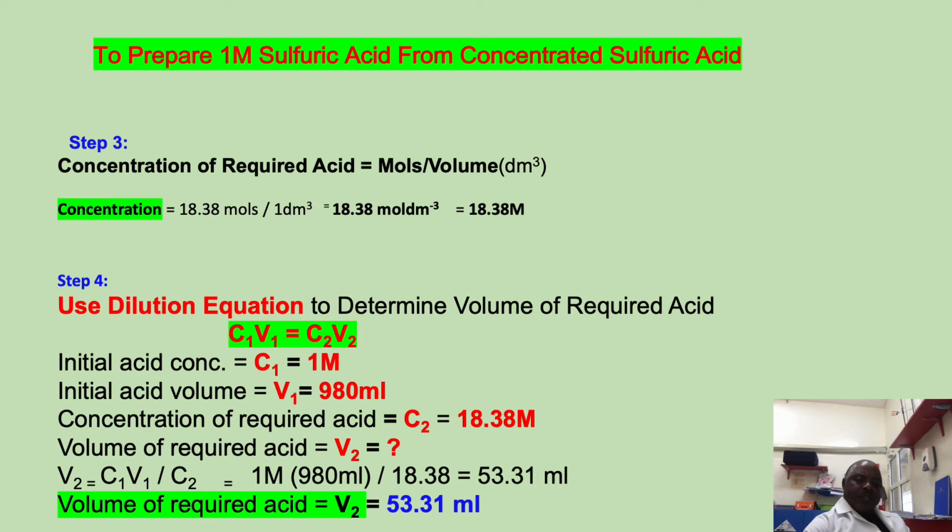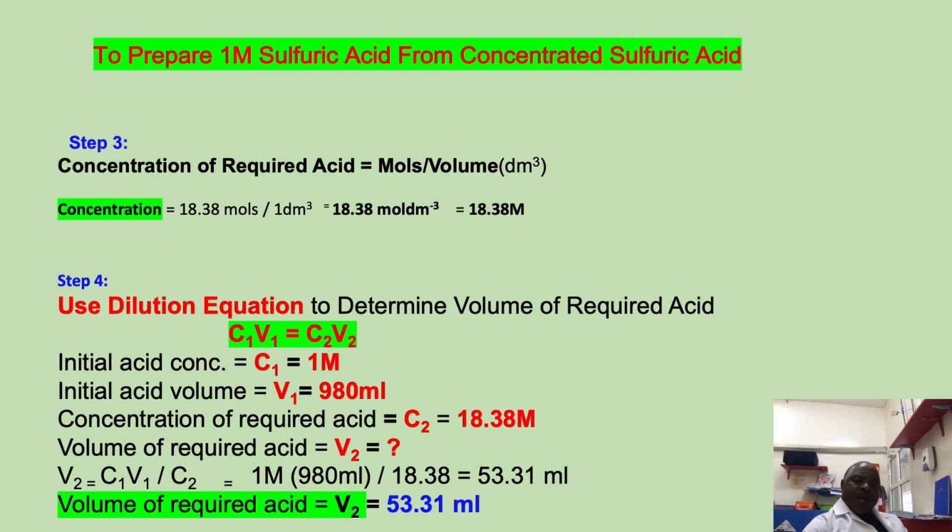Initial acid concentration is equal to C1, which is 1 molar, that was given. Initial acid volume is equal to V1, and that is 980 ml. The concentration of the required acid is equal to C2, and that is 18.38, that was calculated. The volume of the required acid, V2, is what we are looking for.